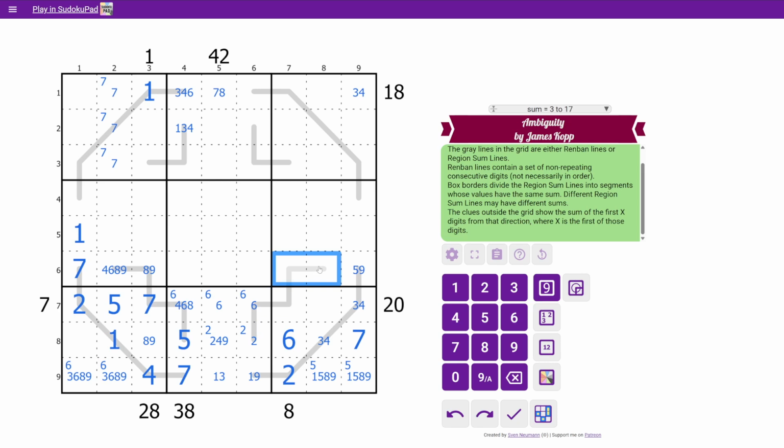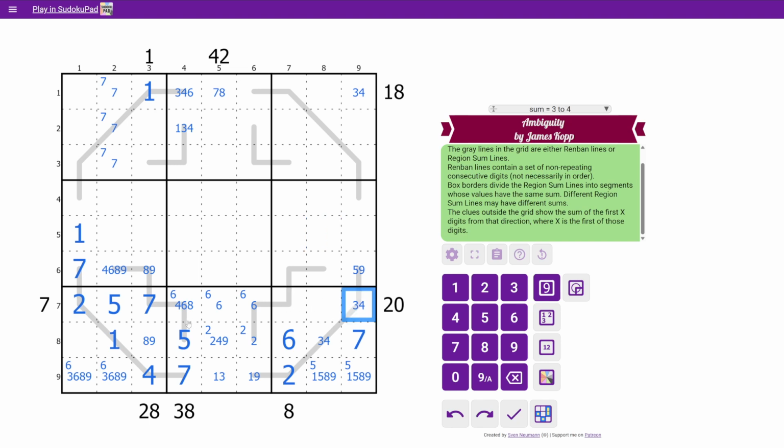And this could be maybe 8-1 or 6-3 or something.